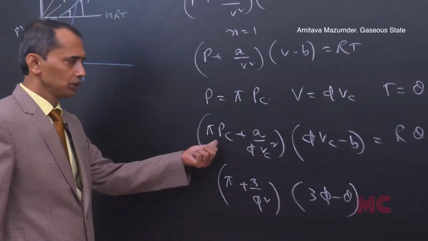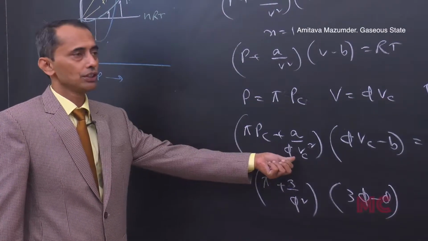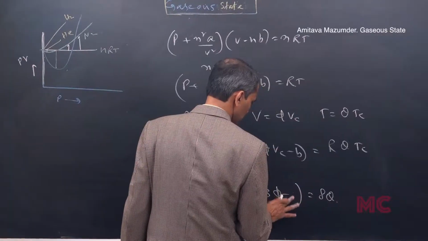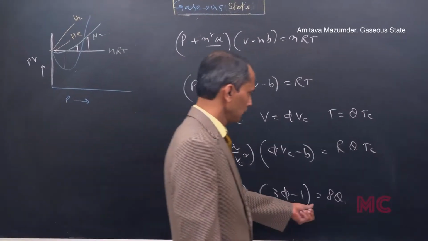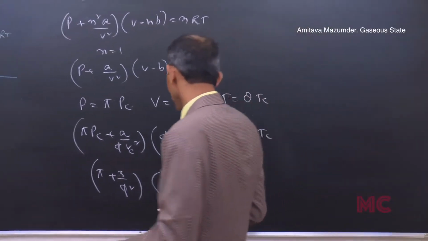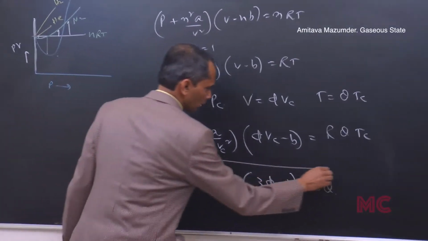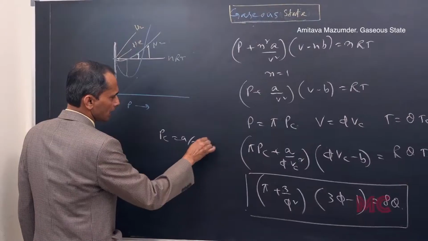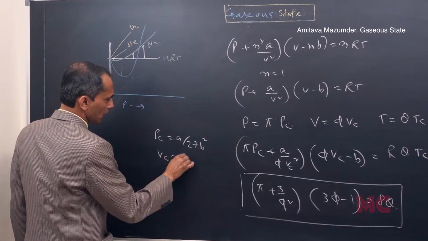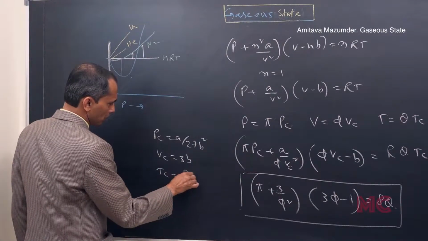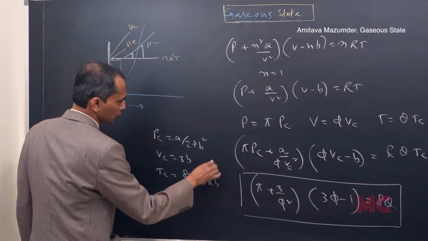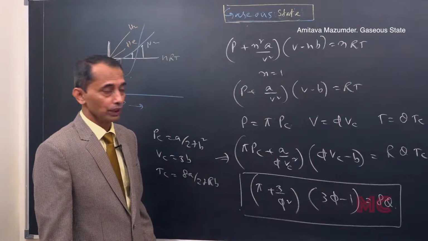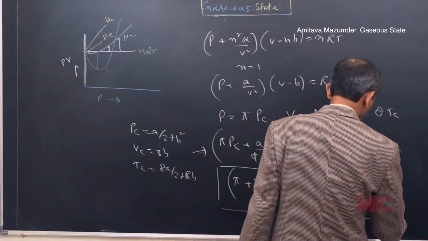So you can say if we put Pc equal to a/27b² and Vc equal to 3b and Tc equal to 8a/27Rb, this is the expression we get after taking all the terms. If we put all the values over here in this expression, we get (π + 3/φ²)(3φ − 1) = 8θ. This is called the reduced equation of state.